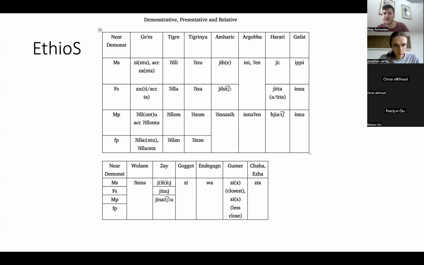And this is what we see in general in Ethio-Semitic in a lot of cases. So for example, in Harari, the language of the walled city of Harar, the demonstratives are yi, yitta, and hyach.